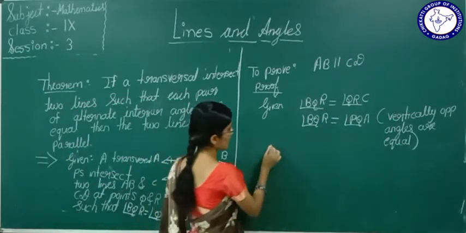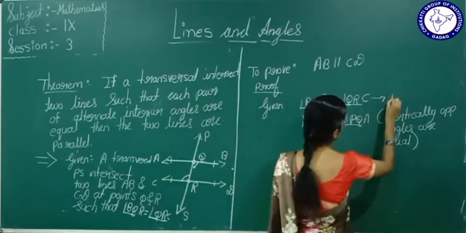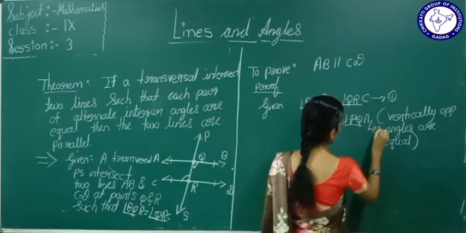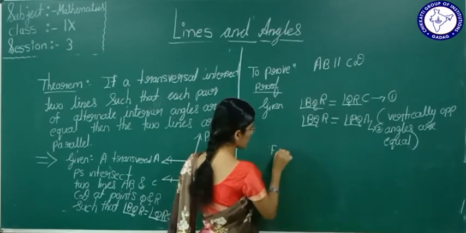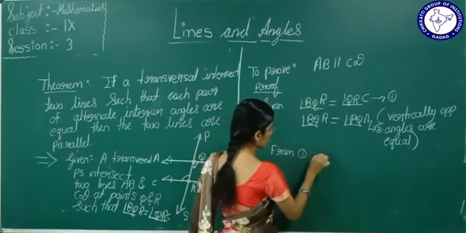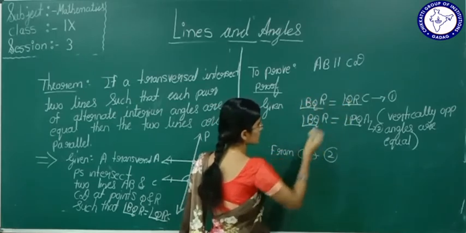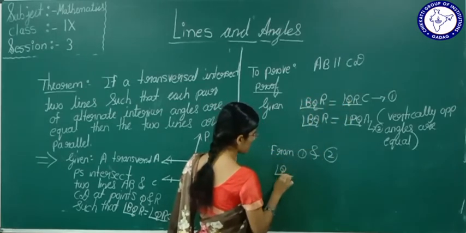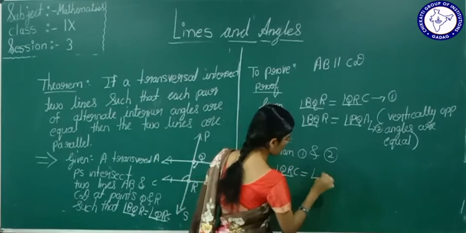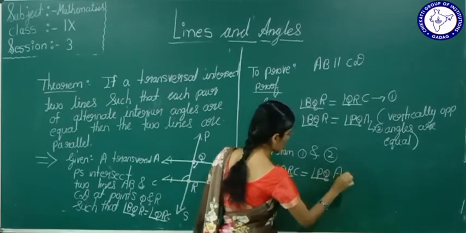So this implies, see here, this is equation number 1, equation number 2. From 1 and 2 what can we tell? From 1 and 2, LHS is same, we can equate the RHS. This implies angle QRC is equal to angle PQA.